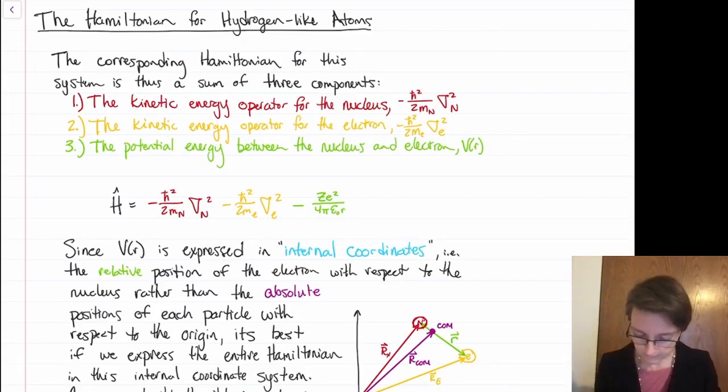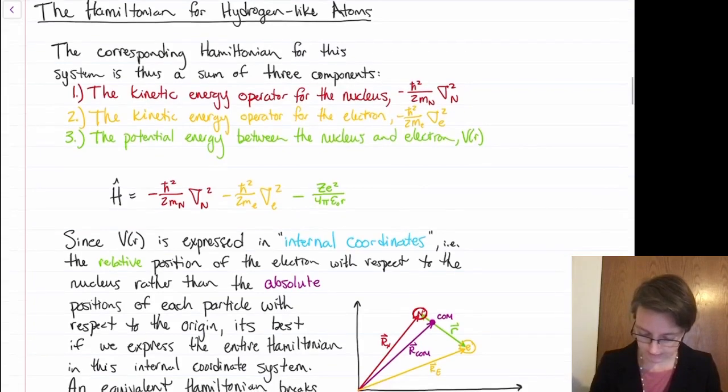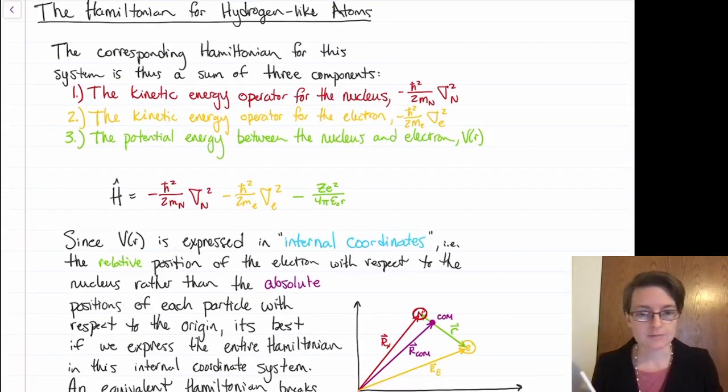And so putting all those pieces together, we have that our Hamiltonian operator is negative h bar squared divided by 2 times the mass of the nucleus times our del squared operator for N, just like we did on the particle on a sphere. Eventually we're going to have to start thinking about this del squared operator in terms of spherical coordinates, but we're not going to do that just yet.